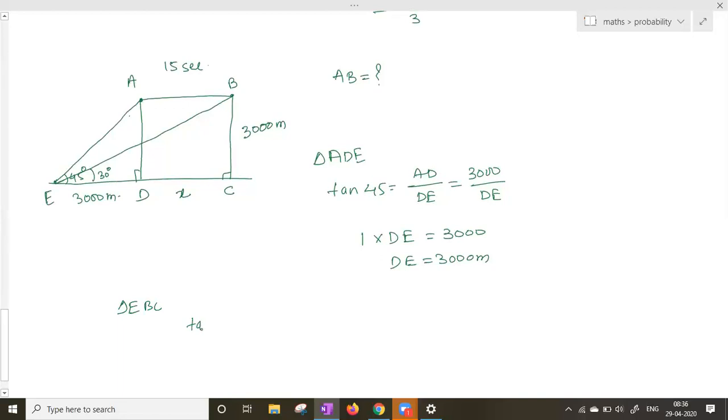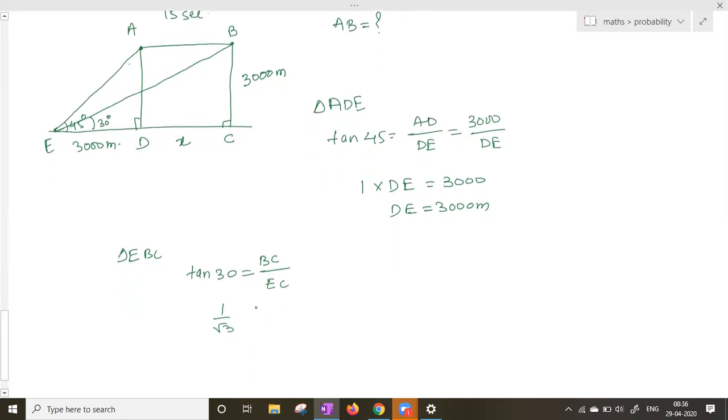Tan 30. Opposite is BC and base or adjacent is EC. Tan 30 is 1 by root 3. BC is 3000 and EC fully is 3000 plus X.